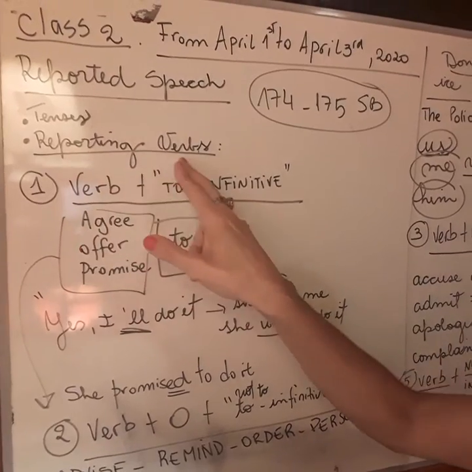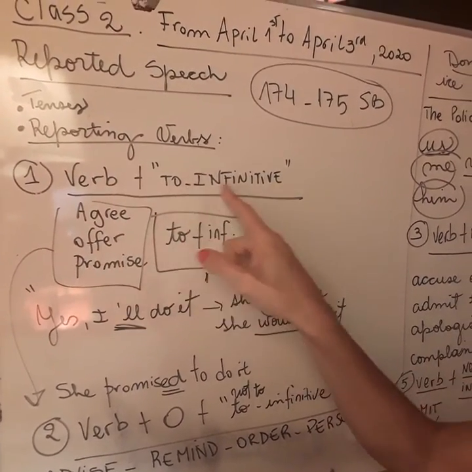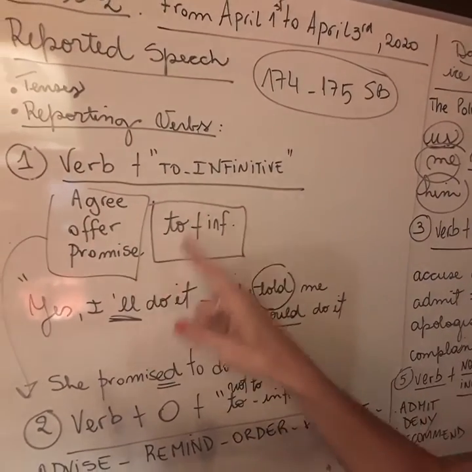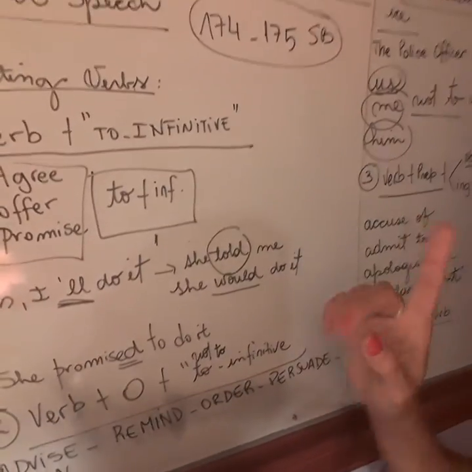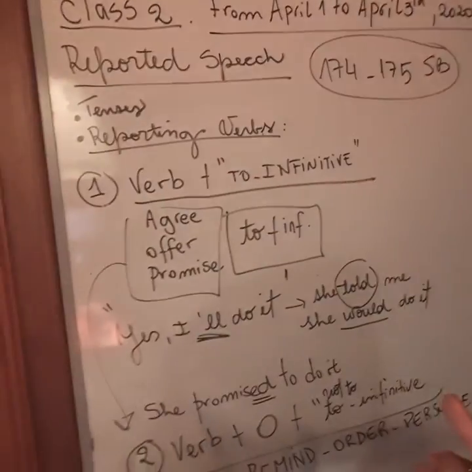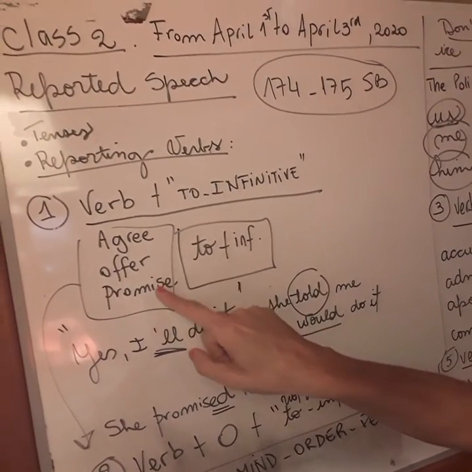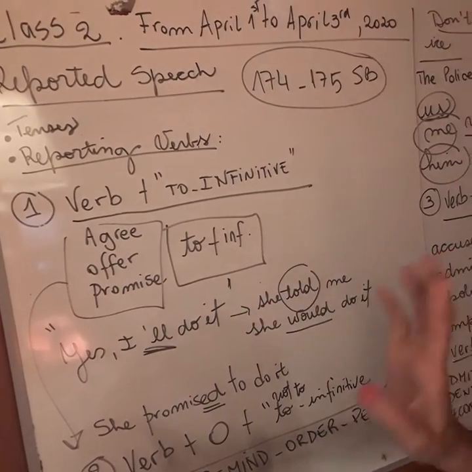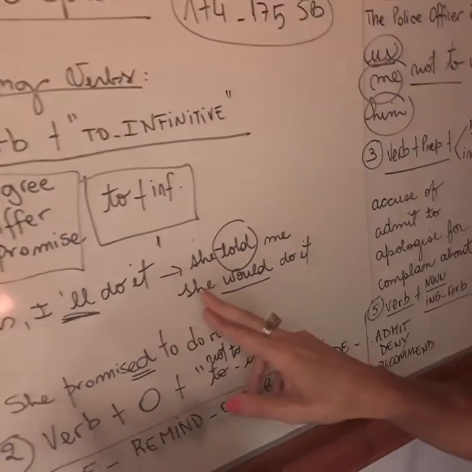Vamos a reporting verbs. Now, the first case, verb plus to infinitive. This is the way I should report, to or not to. Este ya lo saben. Lo saben con otra cosa, pero lo saben. So, I identify the situation. It could be agree, offer, promise. To do something or not to do something. For instance, somebody says, yes, I will do it.